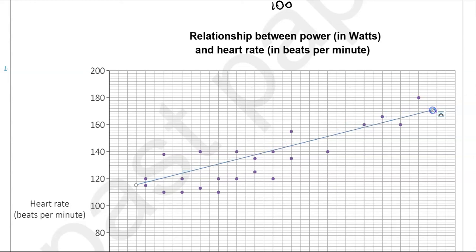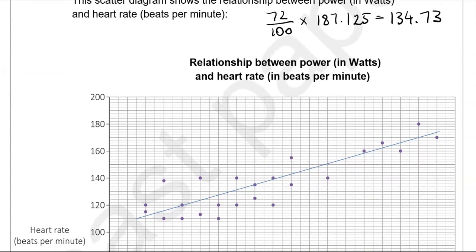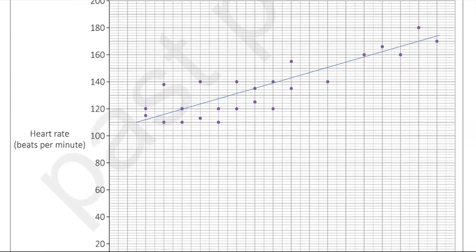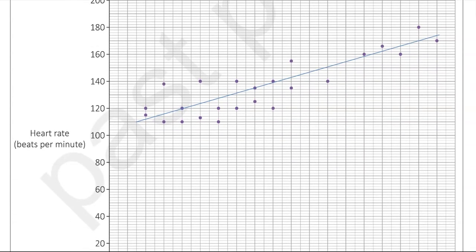Trying to keep an equal distance between the dots on both sides. So estimating this when the heart rate is about 135. So let's go to heart rate 135.